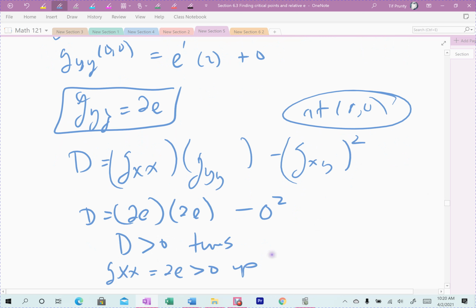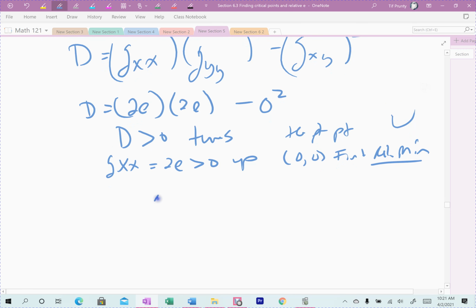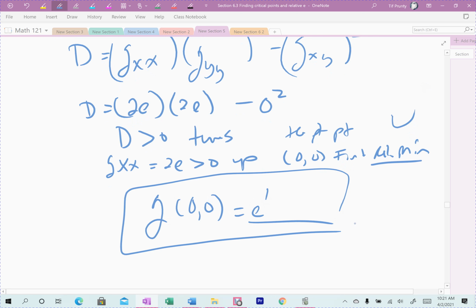That means it turns up. So that tells me the point 0, 0 is a relative min. If it turns up, it's a relative min. And so g of 0, 0, whatever that number comes out to be, is a relative minimum. And this one's not too bad because g of 0, 0 would be e to the first, so it's just e. And that would be my minimum.